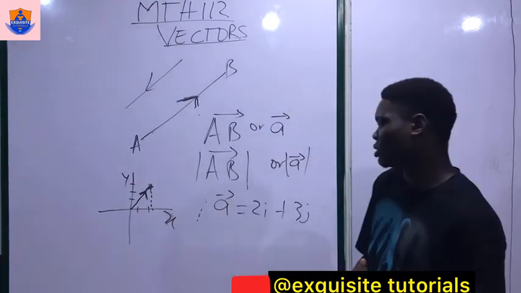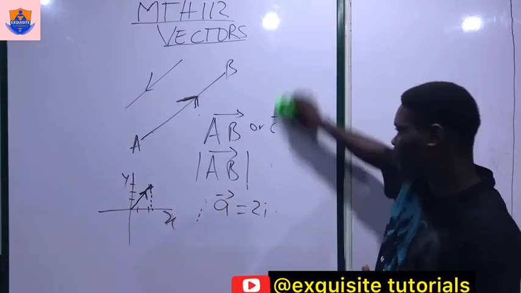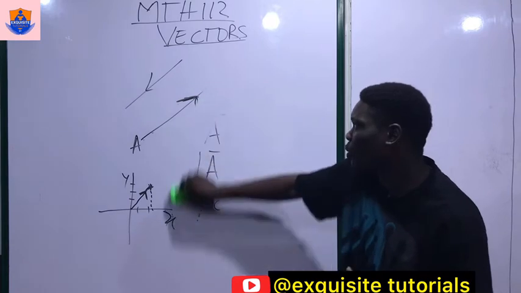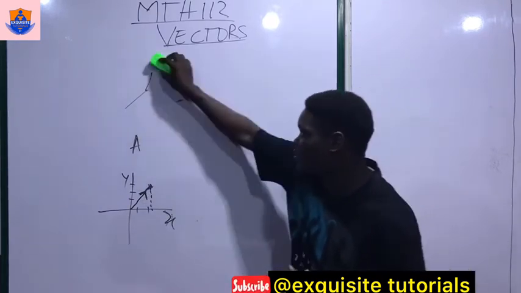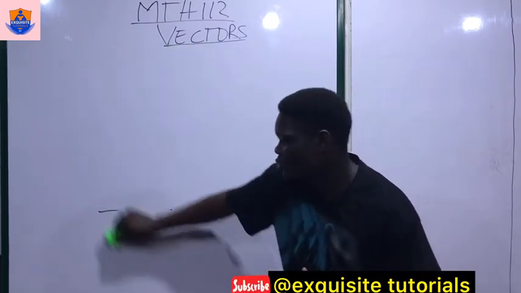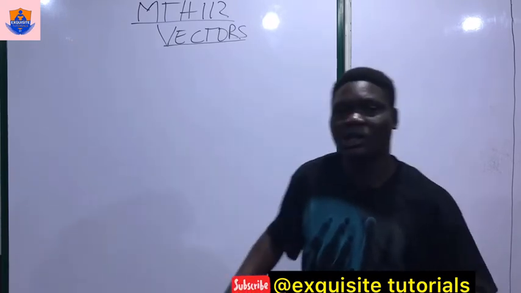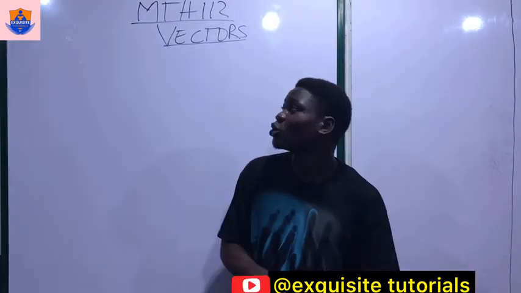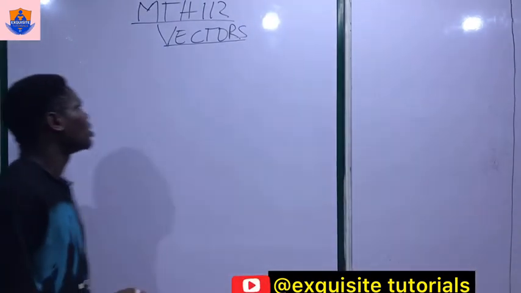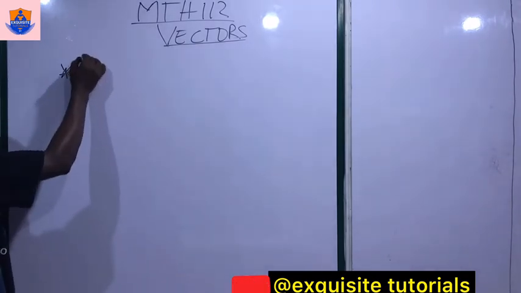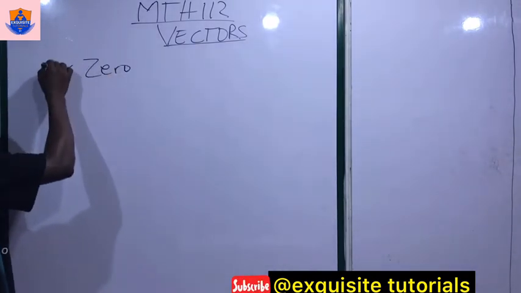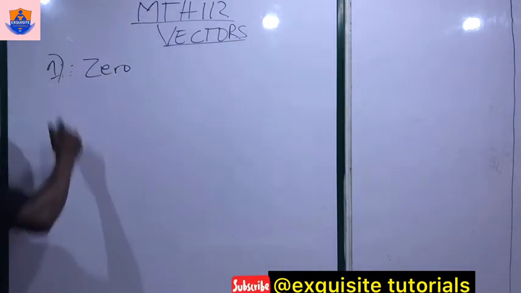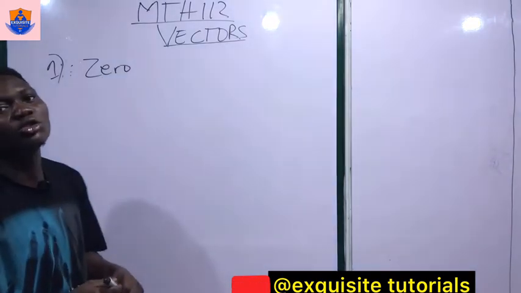So let's move over to the types of vector. We have various types of vectors. Some can be compared to each other. The first type of vector here is what we call the zero vector. As you can see, the magnitude of that vector is 0.